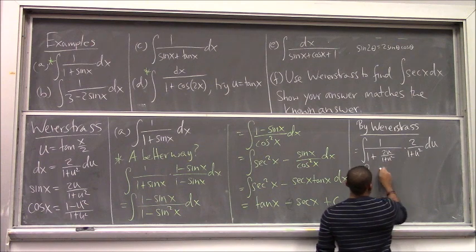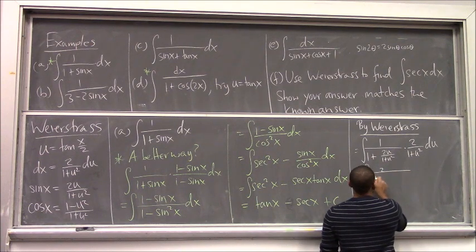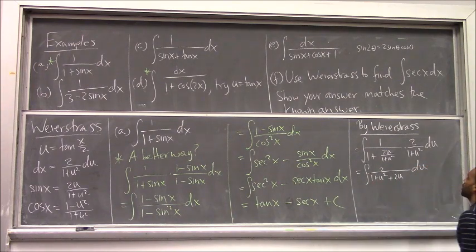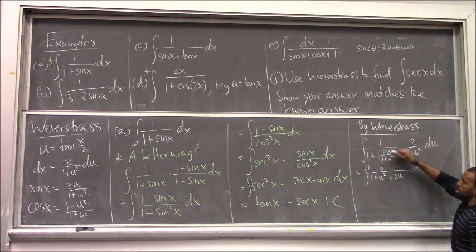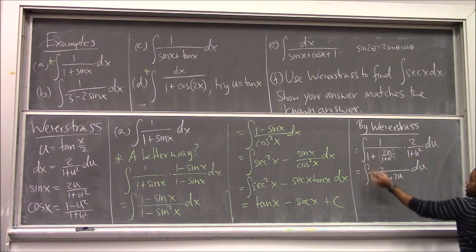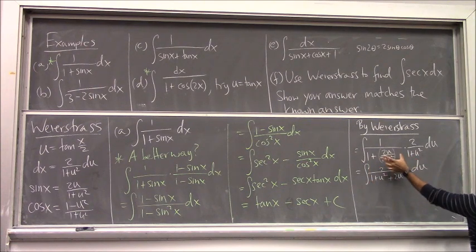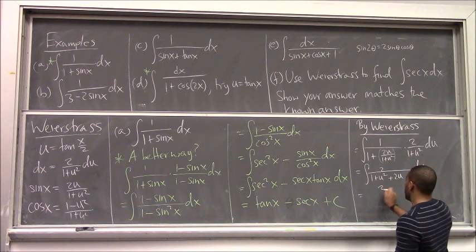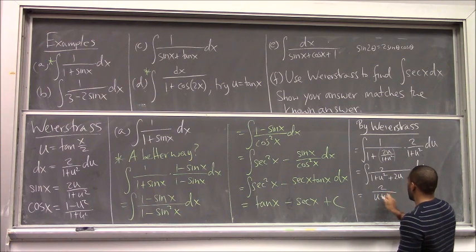So the integral of 2 over 1 plus u squared plus 2u. I multiplied it across so that I kill the compound fraction. 1 plus u squared times the 1 gives 1 plus u squared, and times this, the denominator cancels. This is factorable: that's u plus 1 all squared.